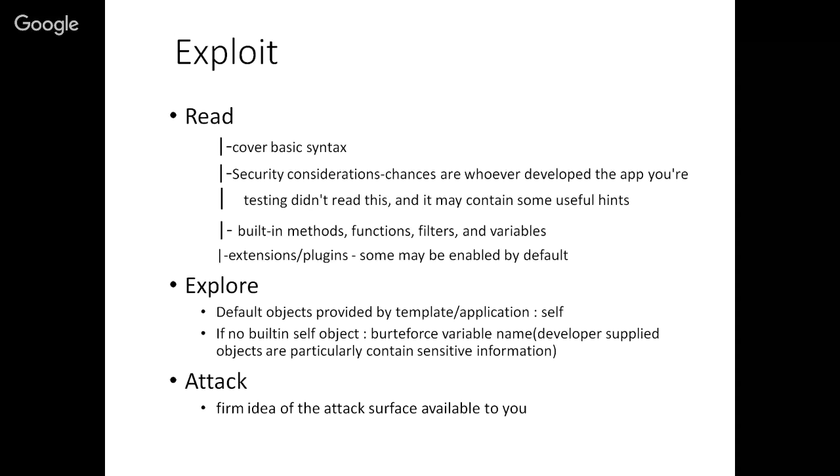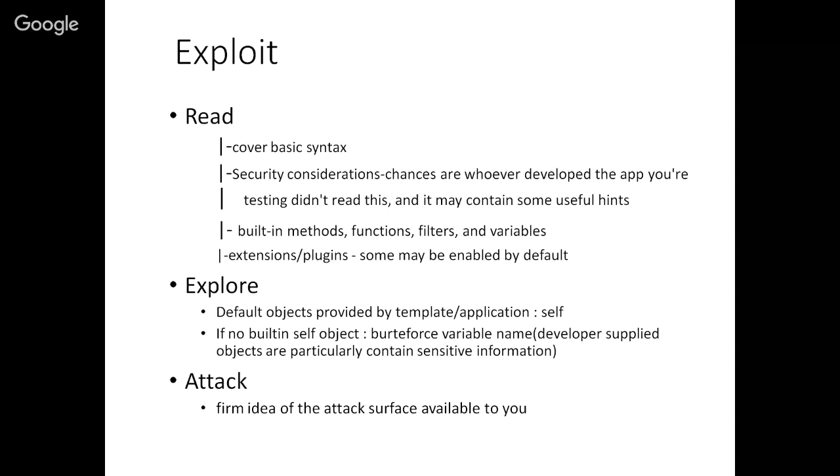Then after that, you explore. You have studied the documentation, so now you need to explore. What are the default objects used there? Like self, which gives us a lot of information about the template. And second, if there is no built-in object for the template engine, we can brute force the variable names.